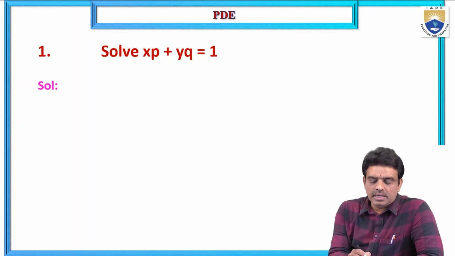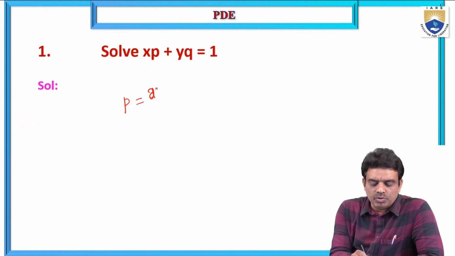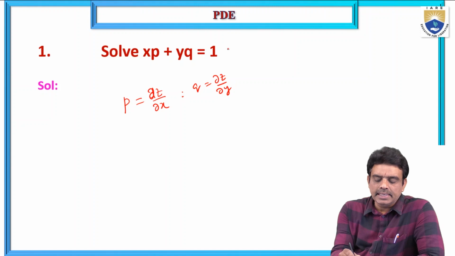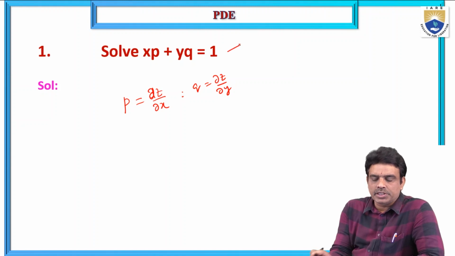Before going to solve, I will give some notations in partial differential equations. P means dou z by dou x, and Q is equal to dou z by dou y. And it is a Lagrange's linear equation formation.